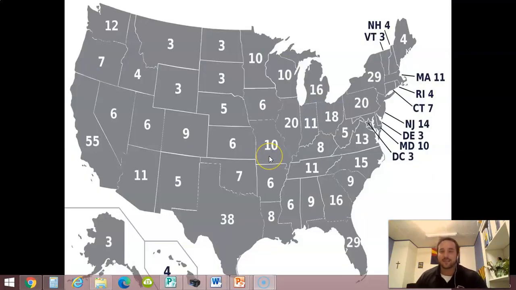Here is the same map of the United States, and each state is given a number. Each state's number that you see is the number of votes given to a presidential candidate if that candidate wins that state.